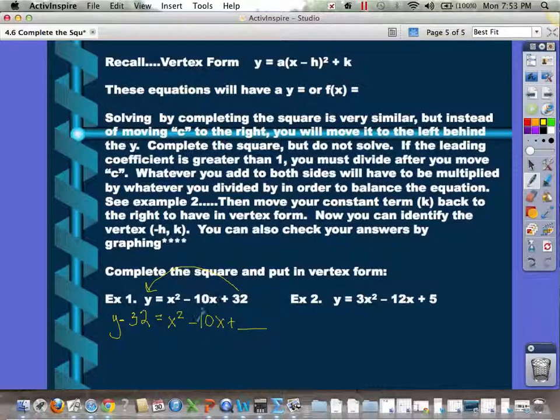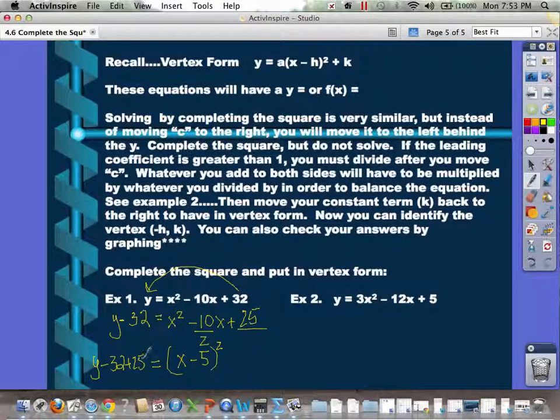You're going to be completing the square over here, so this 10 will be divided by 2, which will be 5, so it's going to be x minus 5, and then square that. 5 squared is 25. So I would be adding that 25 over here.